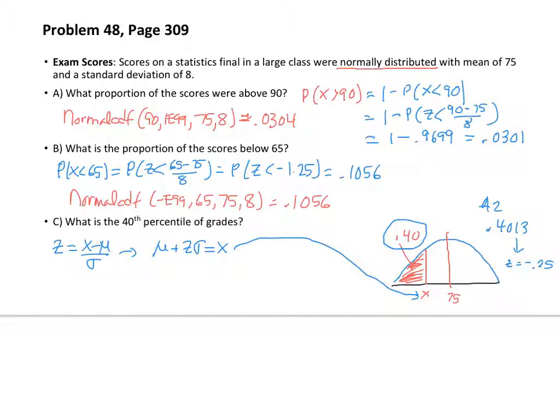So mu we know, it's 75, plus z, now it's a negative 0.25, multiplied by 8, and when we do that, we get 75 minus 2 is equal to 73. So our value is going to be 73 in this particular case.